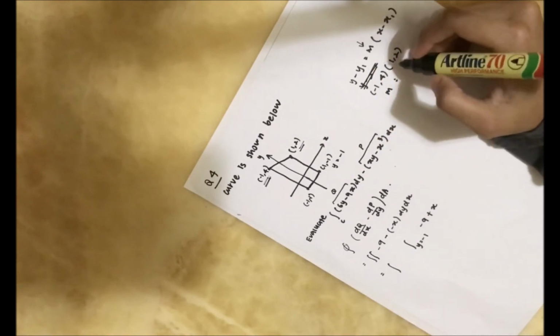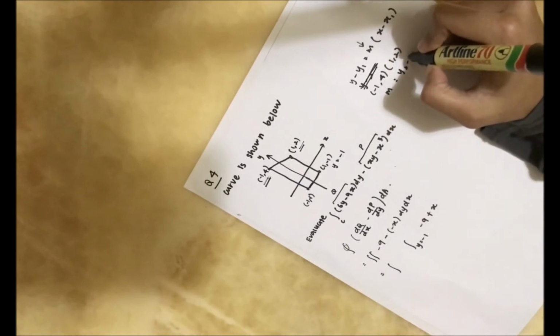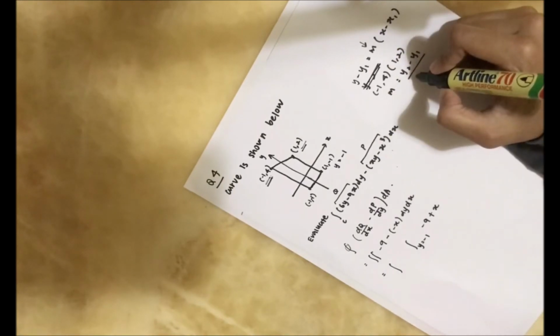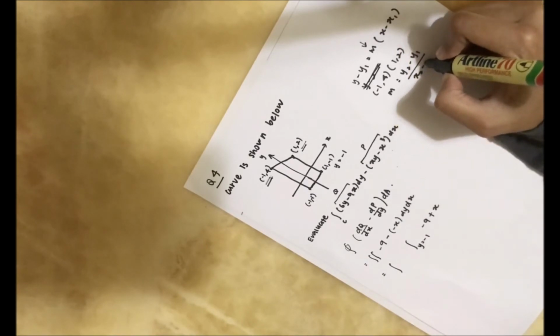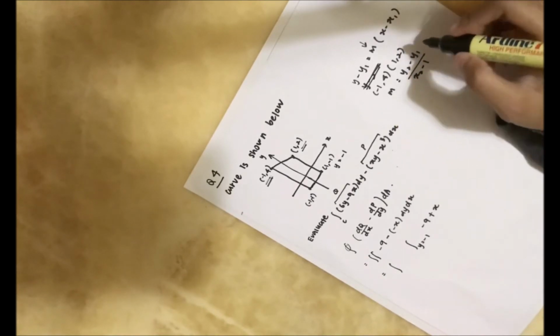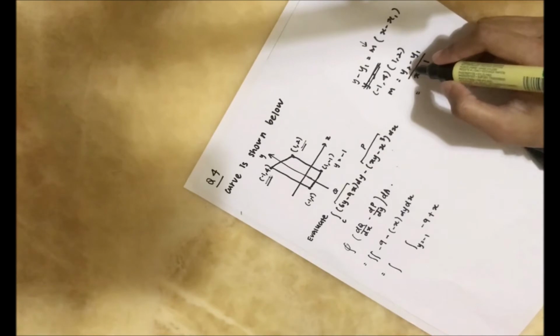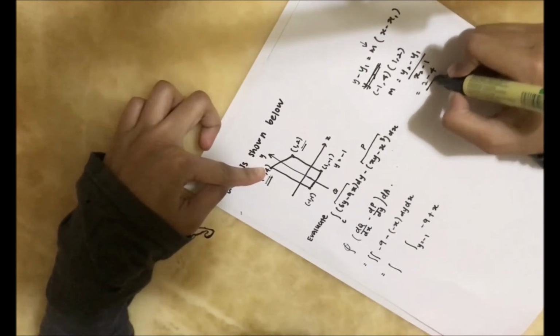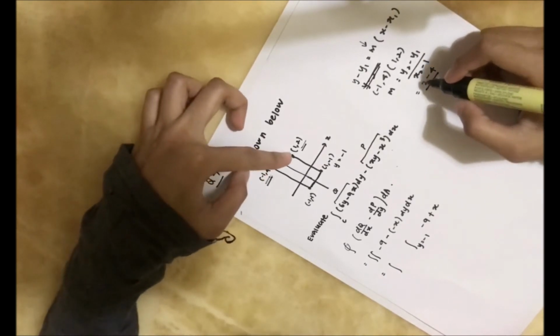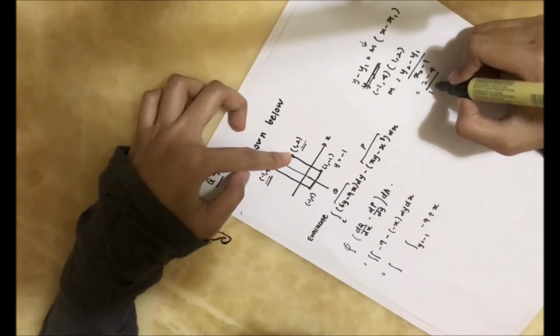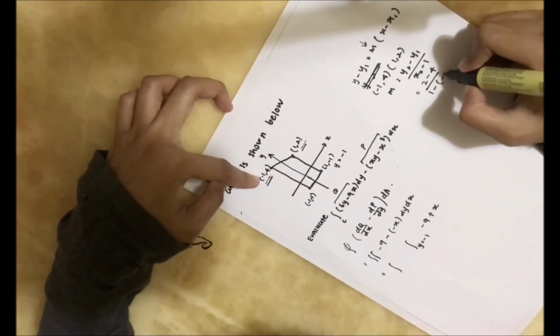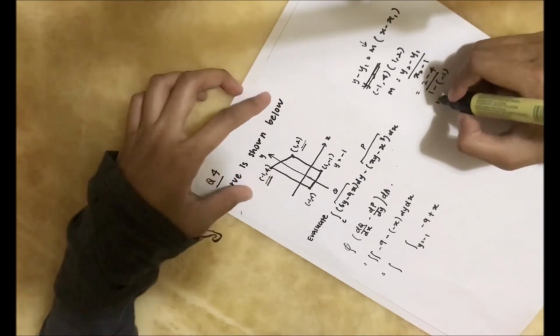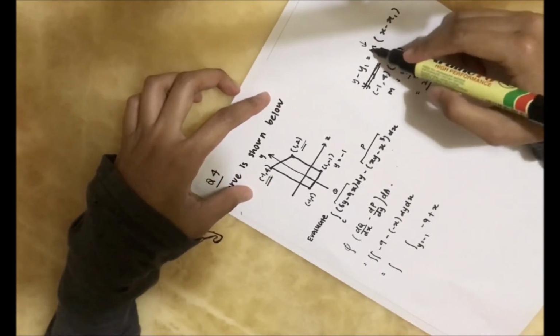So m is using the formula y2 minus y1 divided by x2 minus x1. So y2 is 2 minus 4, divided by x2 is 1 minus -1, and then we get -1 for m.